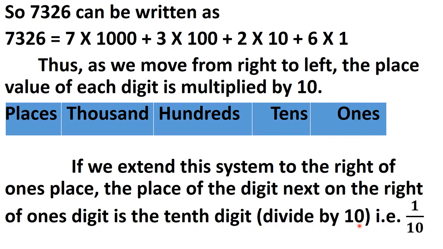So if we move to the right hand side of the ones place, we get the tenths place, and it is known as the tenths digit. See, there is a difference between tens and tenths. Tens is spelled T-E-N-S. And here it is tenths, T-E-N-T-H-S. And it means that we are dividing by 10.